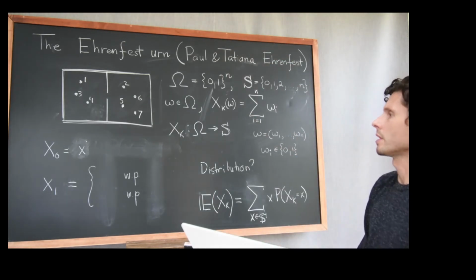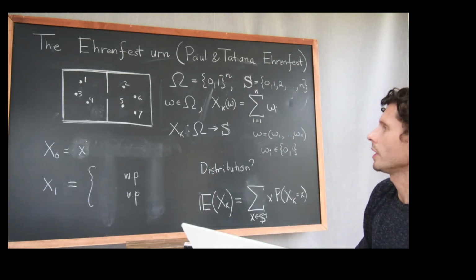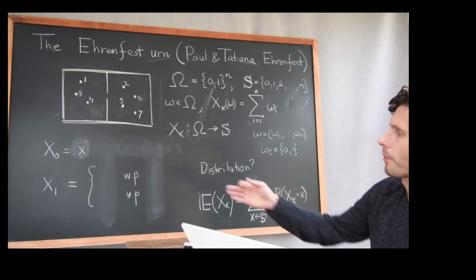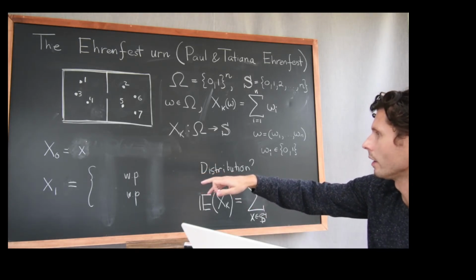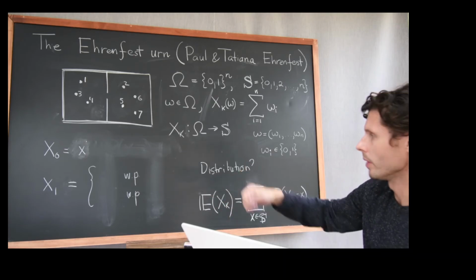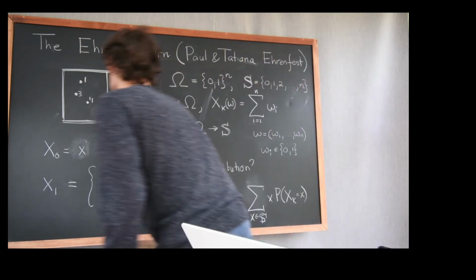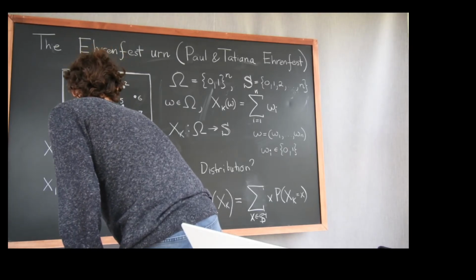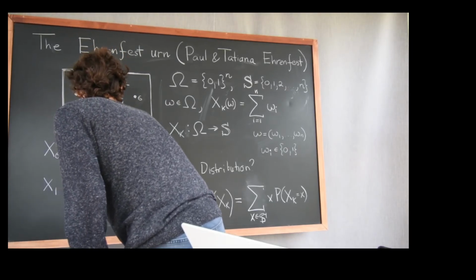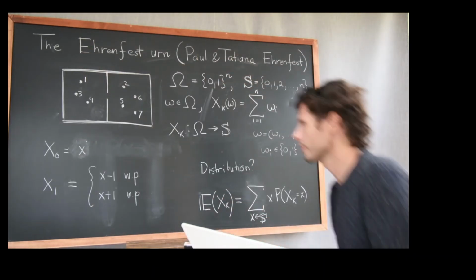It's 3 in this example, but in general it doesn't have to be. And let's say there are n total particles. So for x1, we either go down by 1 or go up by 1. Those are the 2 possibilities. I picked one from the left and moved it to the right to go down 1, or I picked one from the right and moved it to the left to go up 1.